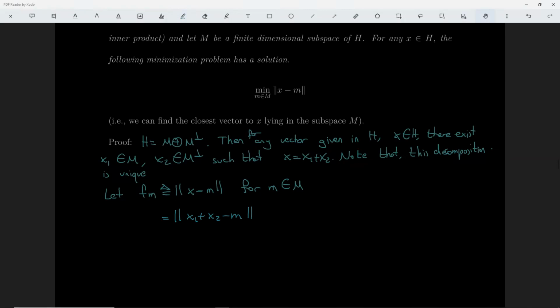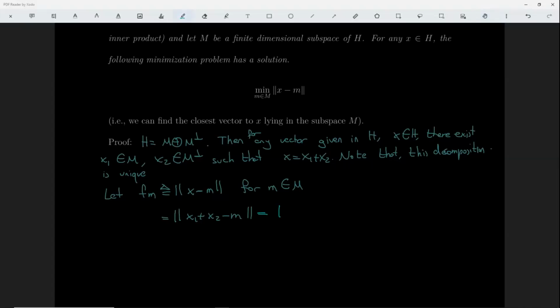And furthermore, since M is in our subspace and X1 is in our subspace as well, I can write their difference to lie in the subspace M as well.